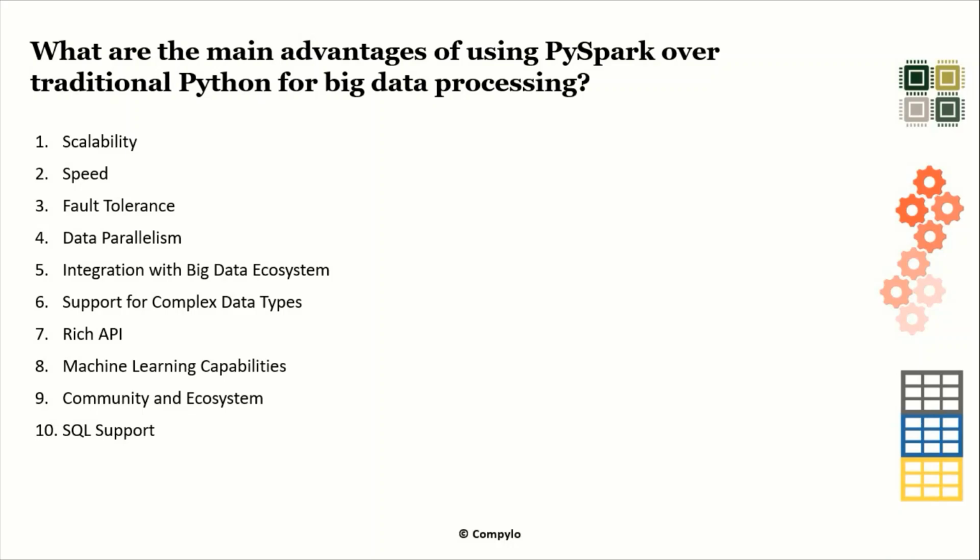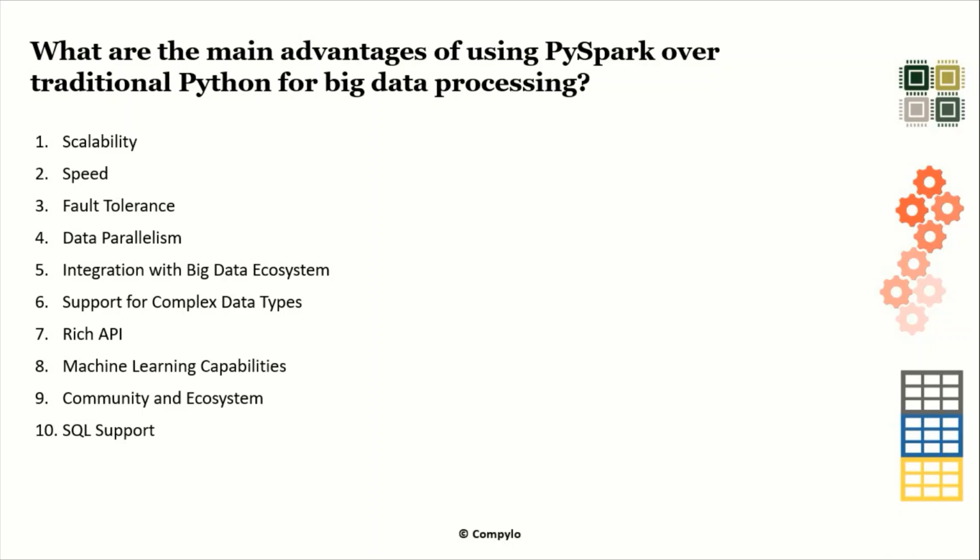PySpark automatically handles node failures through its resilient distributed datasets, that is the RDD abstraction, ensuring that your data processing continues seamlessly. Fourth is data parallelism. PySpark distributes data and computation across multiple nodes, allowing for parallel processing, which significantly reduces processing time compared to single-threaded Python.